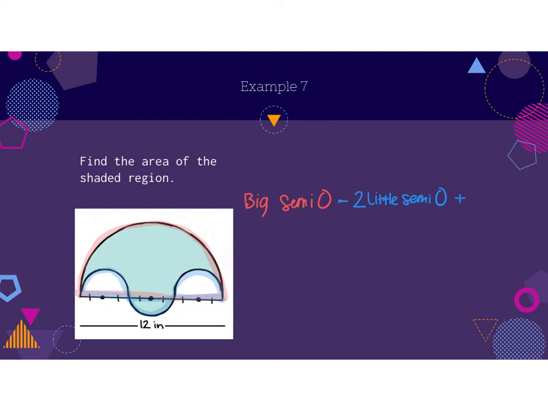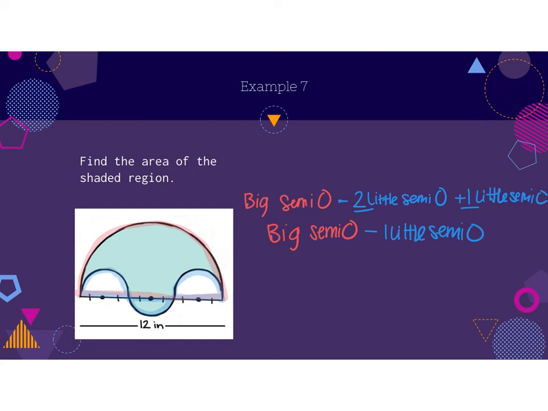So we're going to add one little semicircle. So really, I could look at this and say that I'm taking my big semicircle and I'm going to just subtract away just one of those little semicircles, because negative 2 plus 1 gives me negative 1.